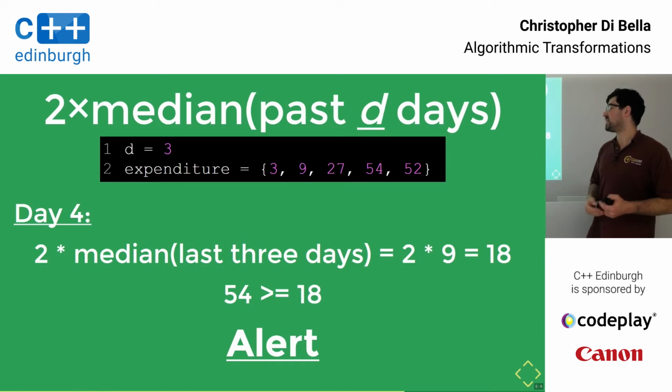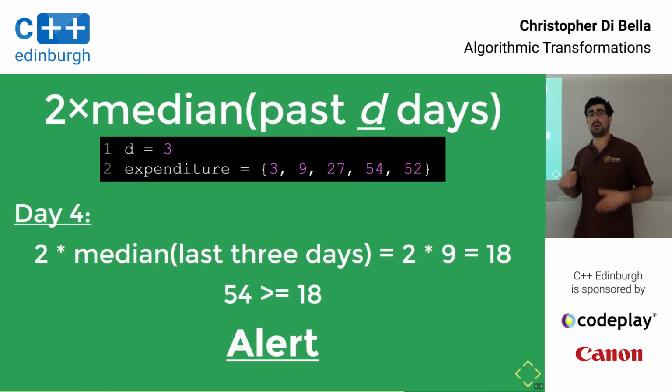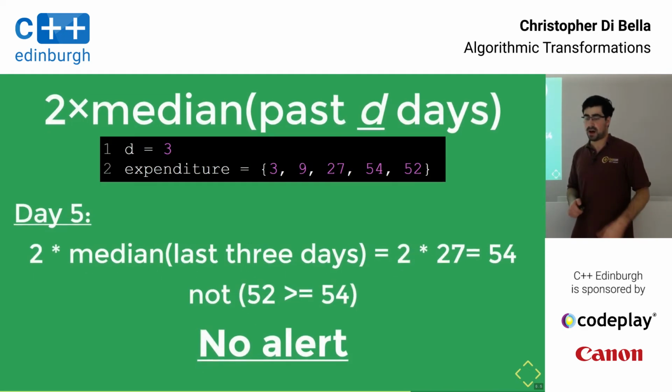We double it, that's 18. 54 is larger than 18, so we trigger an alert. And then on day 5, the median is going to be 27, and doubling that gives us 54, but 52 is not bigger than 54, so there is no alert.